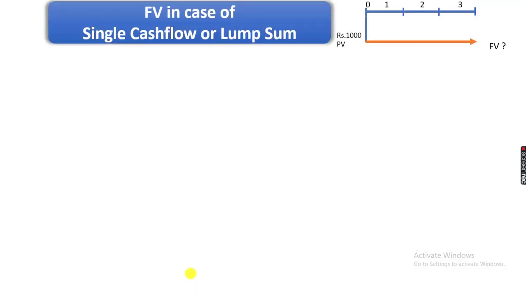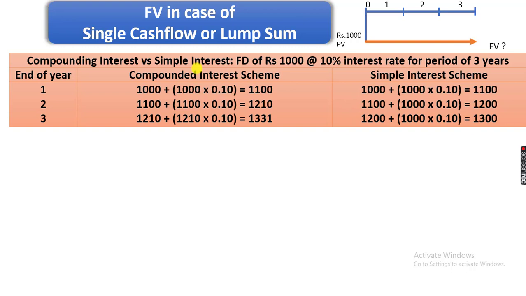So, in the case of a single cash flow, future value, let us look at the following example. In this example, we are discussing compound interest versus simple interest. Taking an example of an FD, fixed deposit of 1000 rupees, where interest earned is assumed to be 10%, and for a period of 3 years.